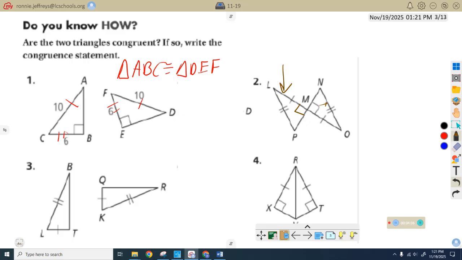Some people said we don't know, but when you have an intersection, we've had this, though not really in depth, about a perpendicular bisector. If 2 lines intersect and one angle is a right angle, the other 3 are also right angles. So this would be triangle LMP is congruent to triangle OMN.